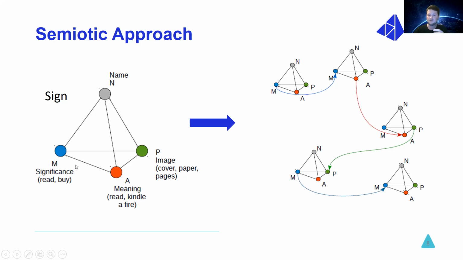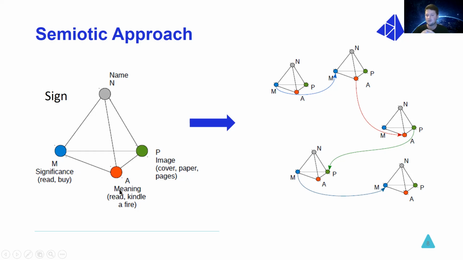Significance is knowledge that is shared among the coalition of agents or group of agents. And to take an example from real life, if we call the sign for a book, the significance would be read a book or buy a book.